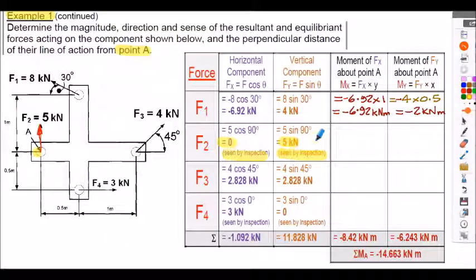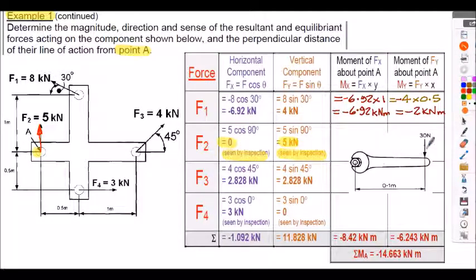Also notice that the force is applied at the pivot point we're considering, point A. So by definition, there can be no moment generated if we apply the force at the pivot point. If we just go back for the spanner analogy for a moment, if I was to apply the force at the nut, then there's no way I can actually turn the nut because I'm applying it at the pivot point.